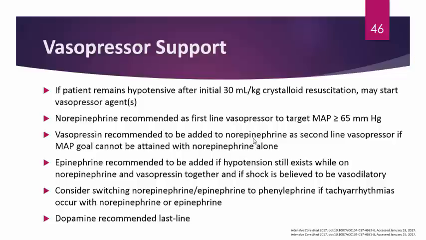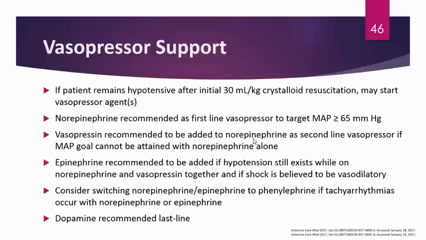So we have vasopressin stores in our body. If your patients have been in shock for an unknown period of time or for very long, giving them vasopressin can actually replete those stores and help clamp down on that vasculature to provide blood pressure support.